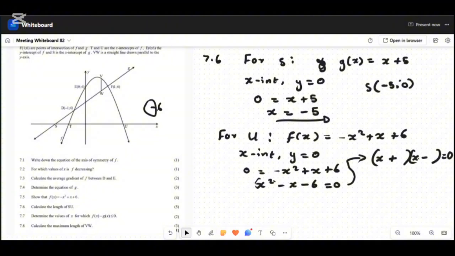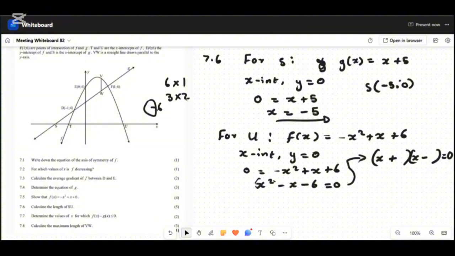Then another thing, you look for the factors of the last term, right?